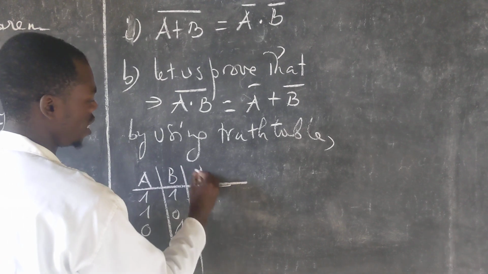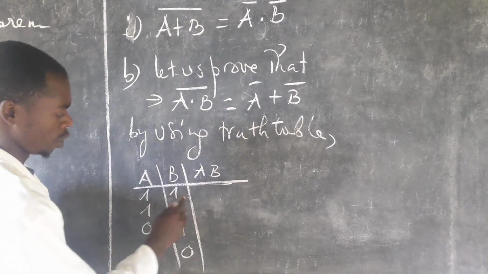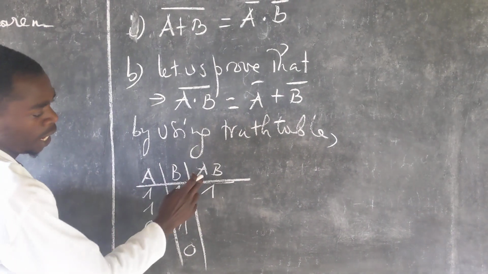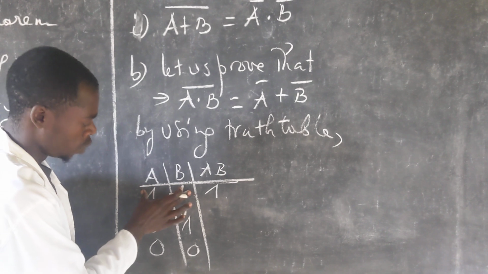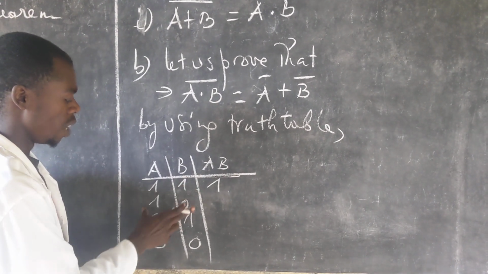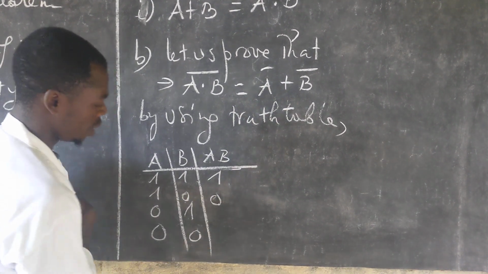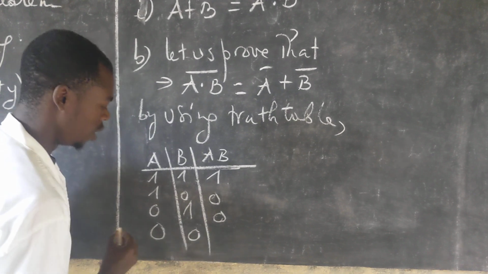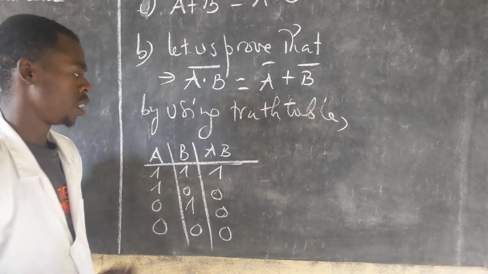So now A and B, this is 1 cross 1. You know that when we are calculating A and B, we get true, or 1, when both conditions are true, otherwise we get false. So now 1 cross 0 is 0, 0 cross 1 is 0, and then 0 cross 0 is 0.